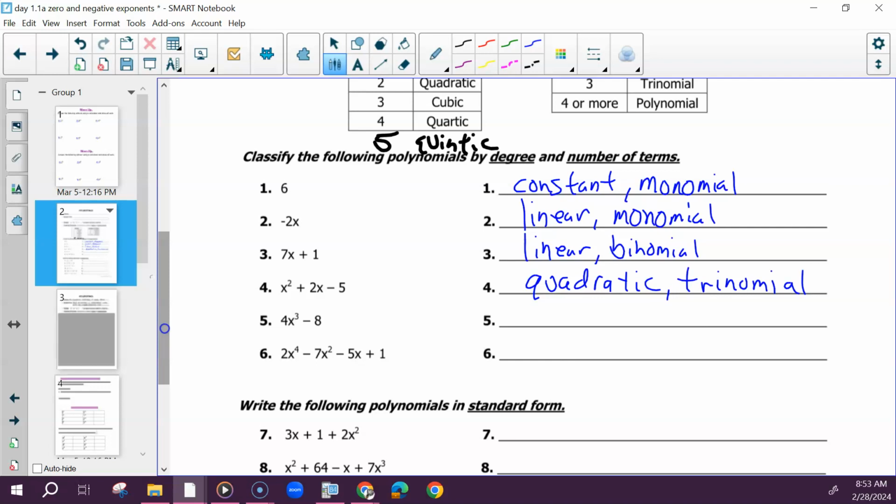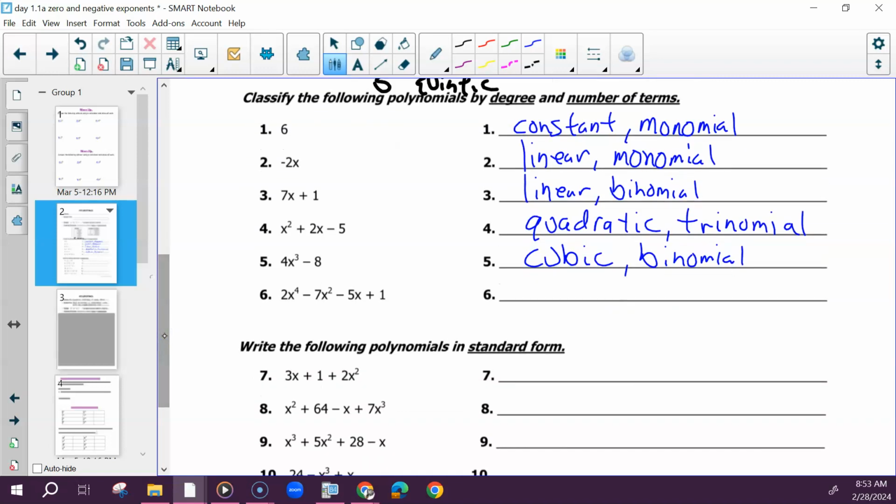Number 5. Cubic binomial. It has an exponent of 3, but there are only 2 terms. And number 6. Quartic polynomial. Has an exponent of 4, and there are 4 terms.